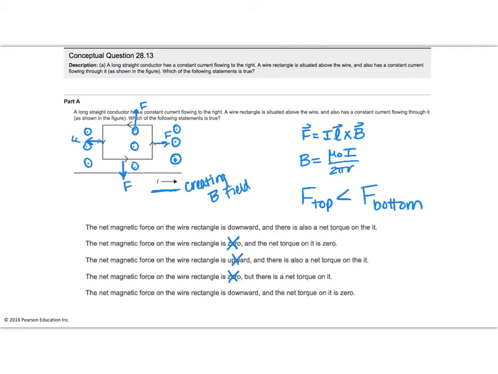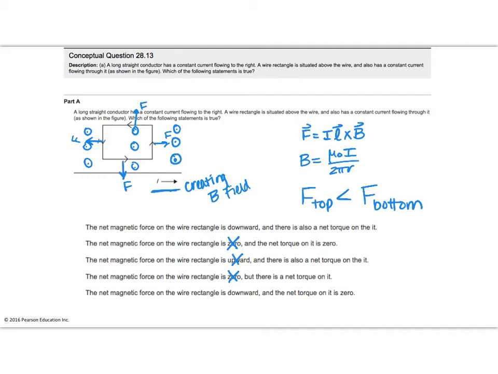And so basically then we have to figure out, is there a torque? Well, in order to figure out whether or not there's a torque, you have to think about if this loop is subjected to forces first in the horizontal direction and then also in the vertical direction, would any of those pairs of force cause the loop to rotate? And they wouldn't.